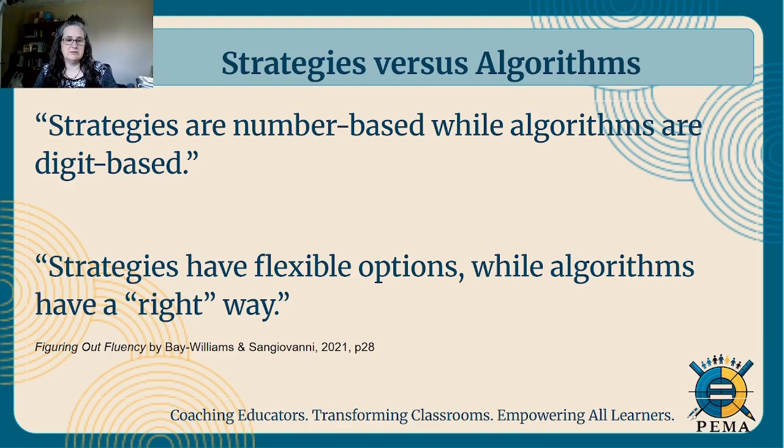So different students might solve the same problem using the same strategy, but still have different steps in their problem-solving process. Whereas when I choose to use the US standard algorithm, everybody using that algorithm is going to solve the same way and take the same steps.